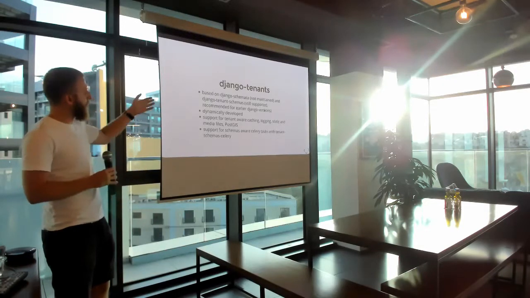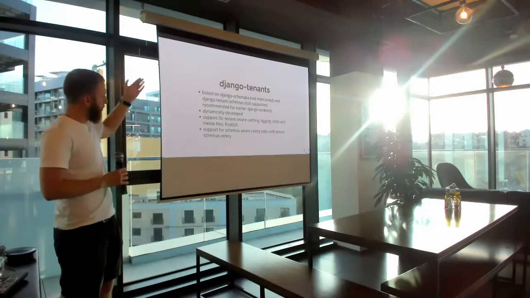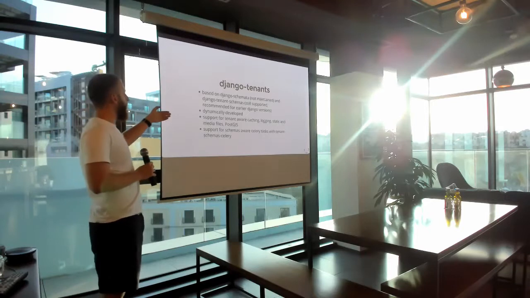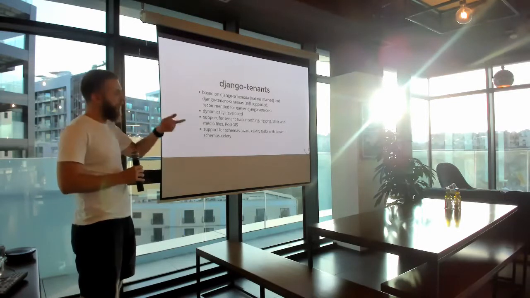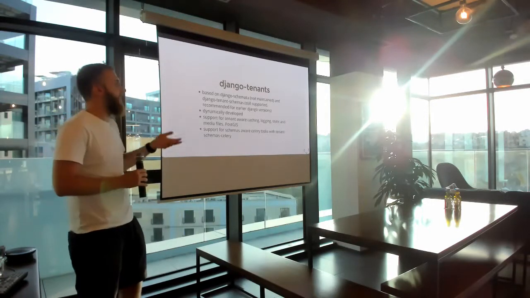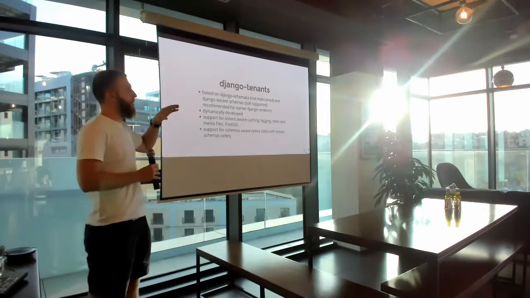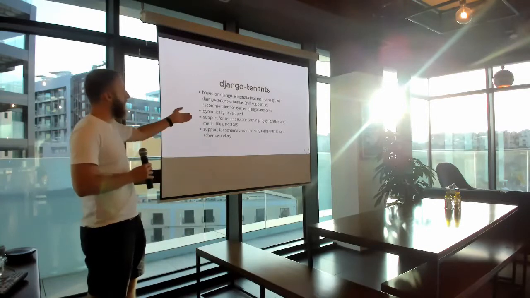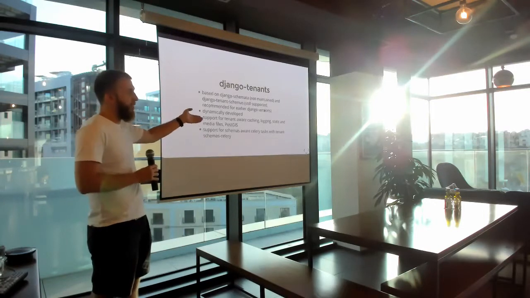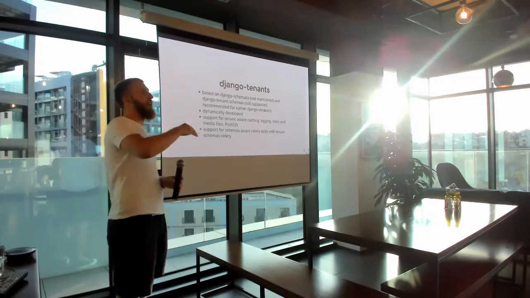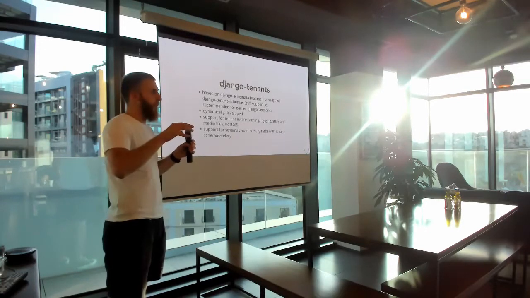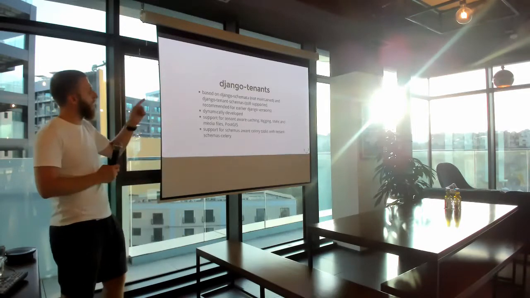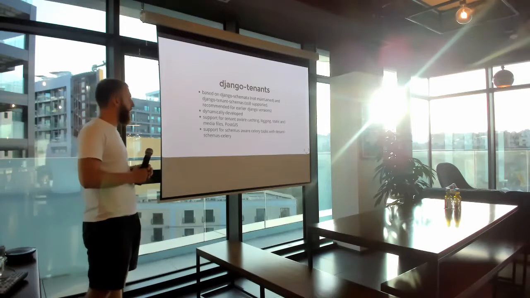So what does the django-tenants package provide out of the box? You get caching, logging, static and media files, and Postgres data, which are tenant aware. With the caching, the package makes sure that you don't have collisions between different keys and values stored in the cache backend.